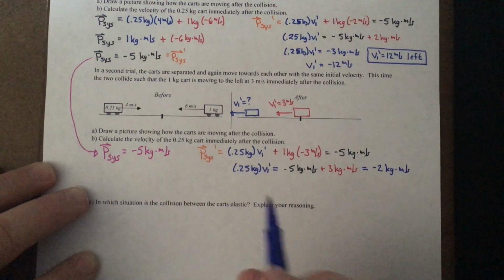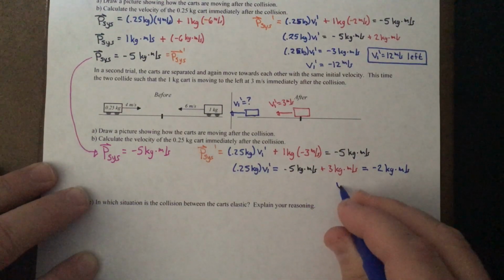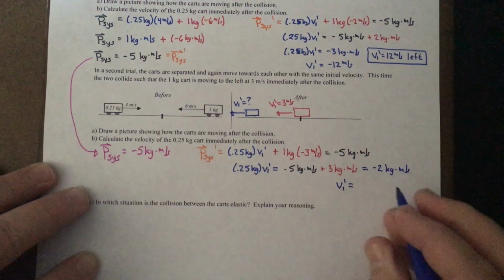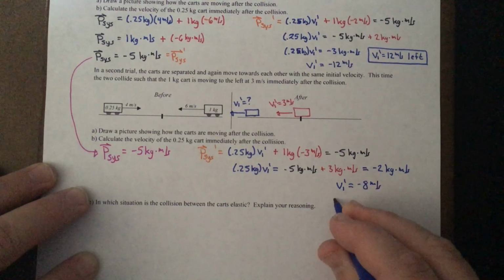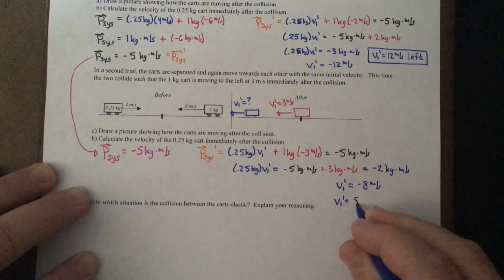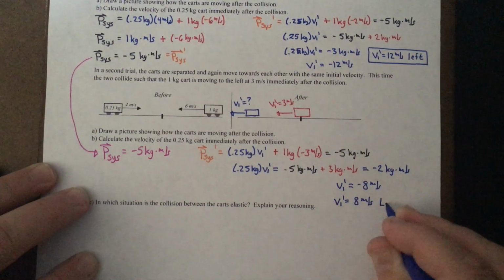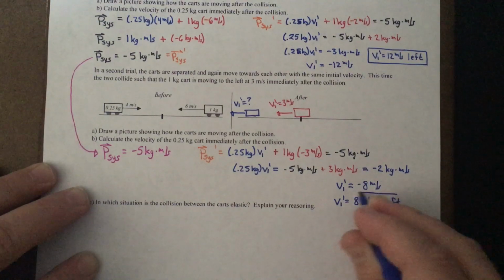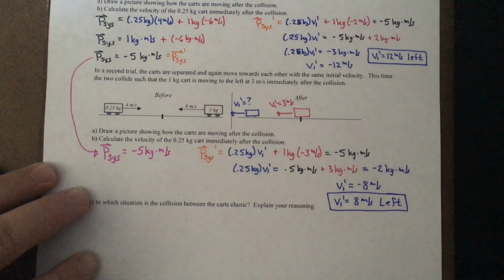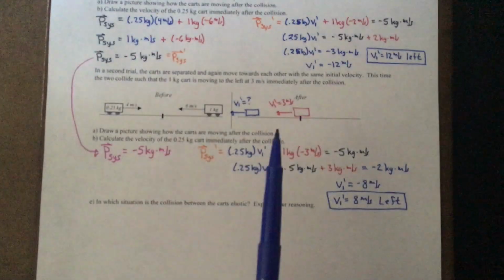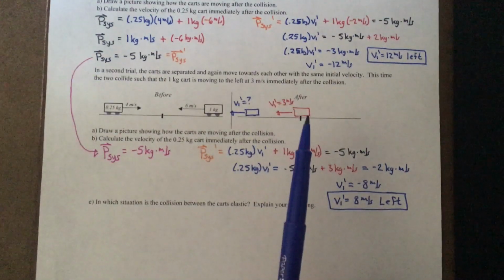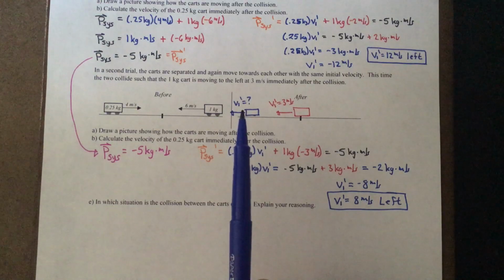So dividing both sides by 0.25 to get V1 prime isolated would give you a velocity of negative 8 meters per second. But I'm going to write that as 8 meters per second to the left. So not as fast as it was going before, because not as much momentum was transferred from the red cart to the blue cart.